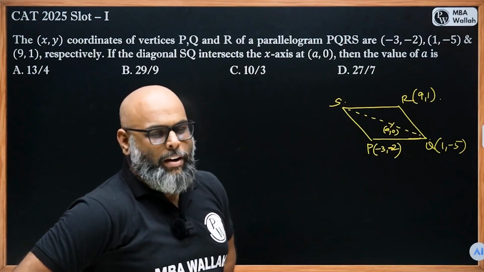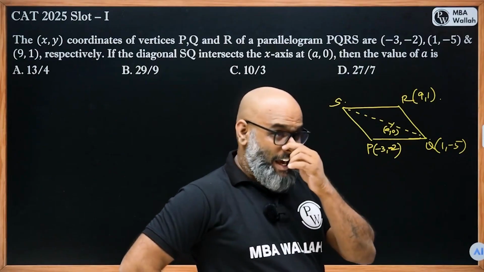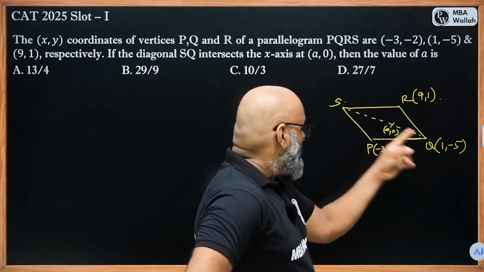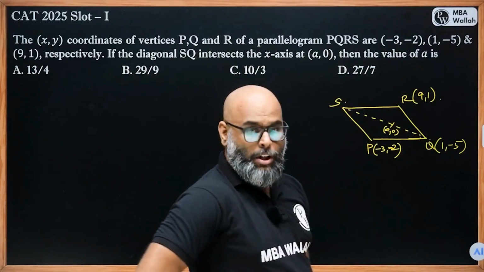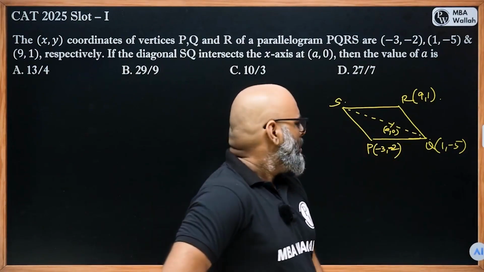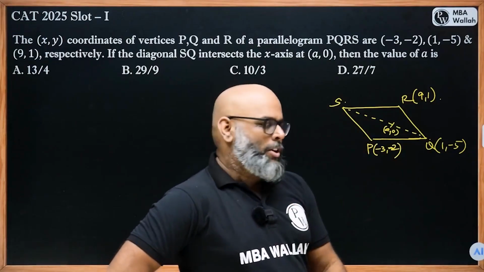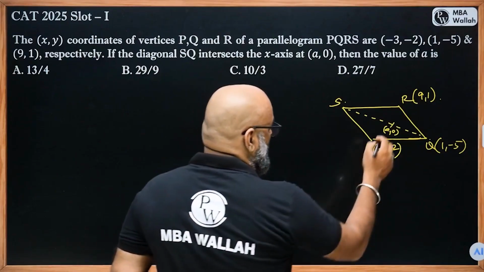The most convenient way would obviously be to find the coordinate of S, find the line equation of SQ, substitute a, 0 in that, and you will get the value of A. That's how you do it. And then I'm going to go a little unconventional here, something that is quite simple.